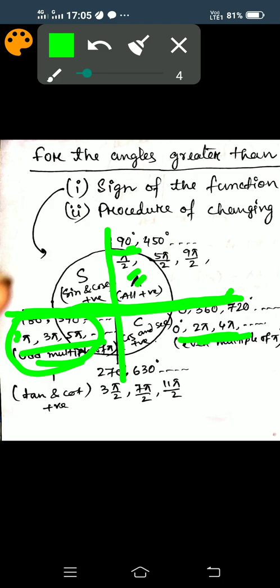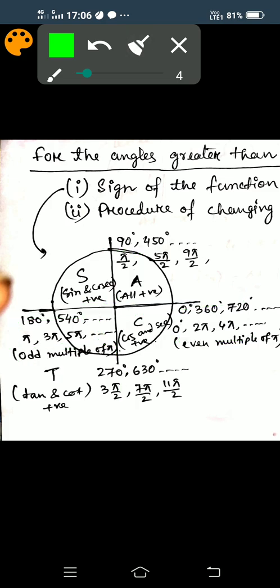And in the y-axis there are odd multiples of pi by 2. Just see, if here it is 1 pi by 2, then here 3, then 5, 7, 9, 11, like this it will go on. So this one is your first quadrant, second quadrant, third quadrant, and fourth quadrant.